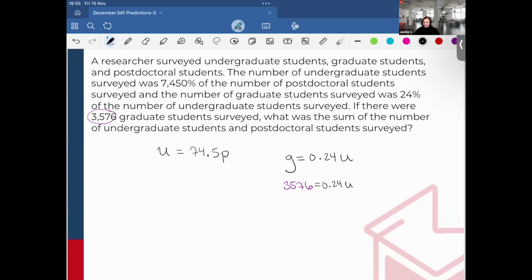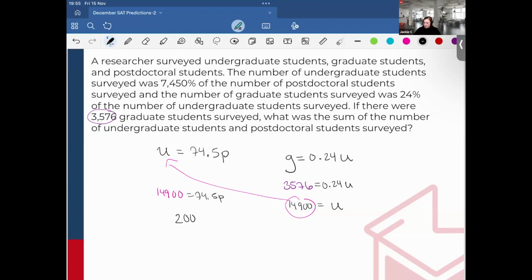Let's do that, which is 14,900 for undergraduate. And now that I have that, I can substitute this in for my formula here. So 14,900 is equal to 74.5 p, and then divide each side by 74.5.